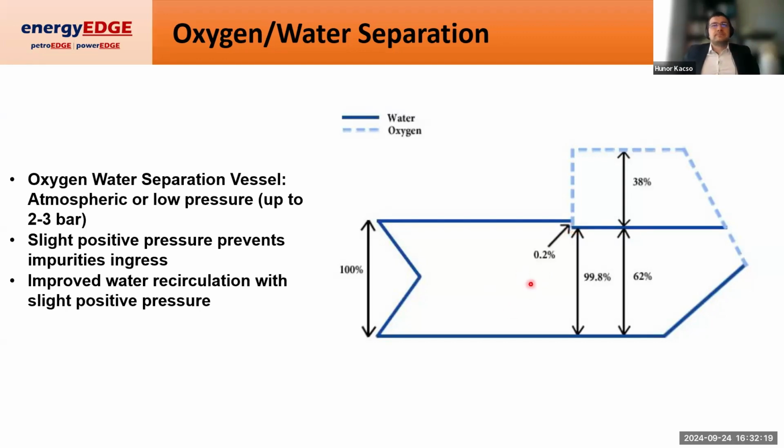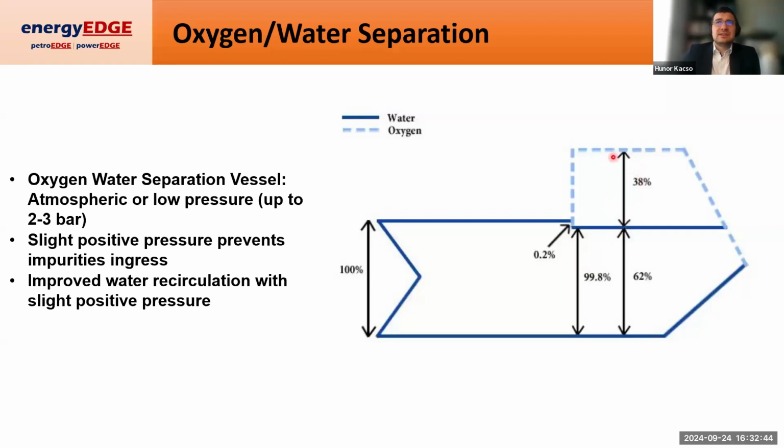Now, here's the thing. While we have a slight reduction in the water that's coming out of the stack, we have a massive increase of the volume that we have to transport out of the stack on the anode outlet.